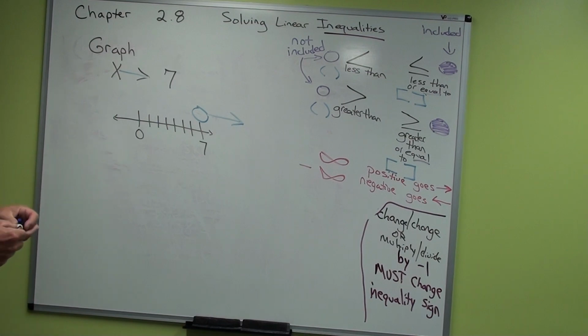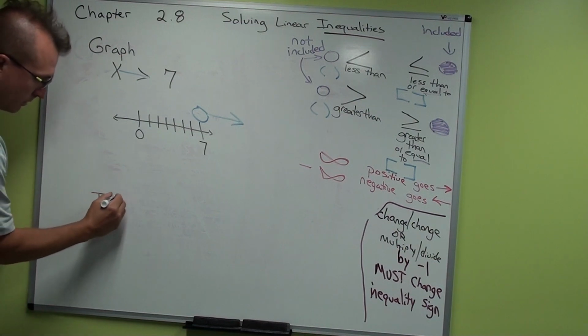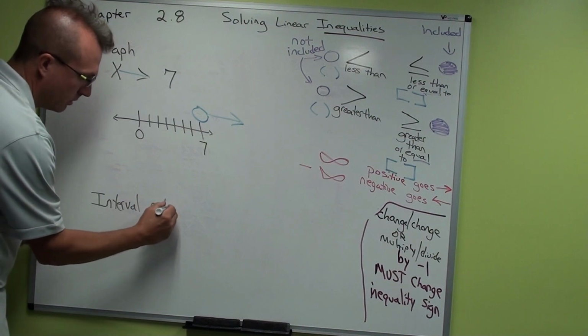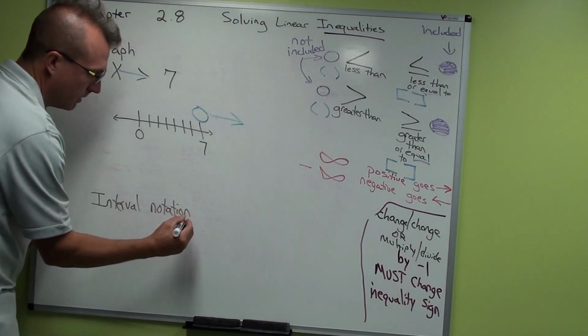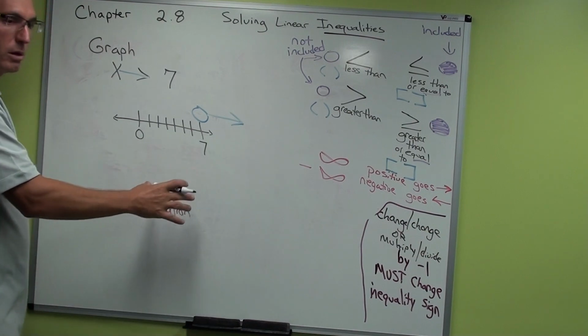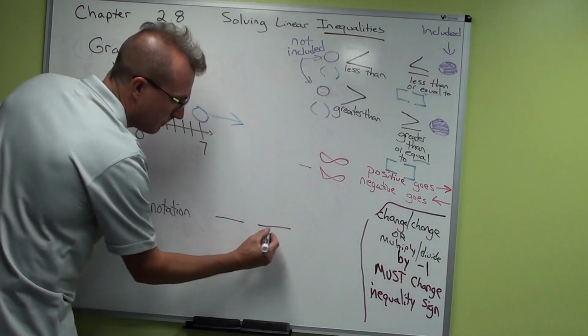But we do have to do something called interval notation. And that will be down here. Interval notation. And that just means they want you to tell you where it would be on a graph, what it would look like. So we go like this. We make 2 lines, put a comma.